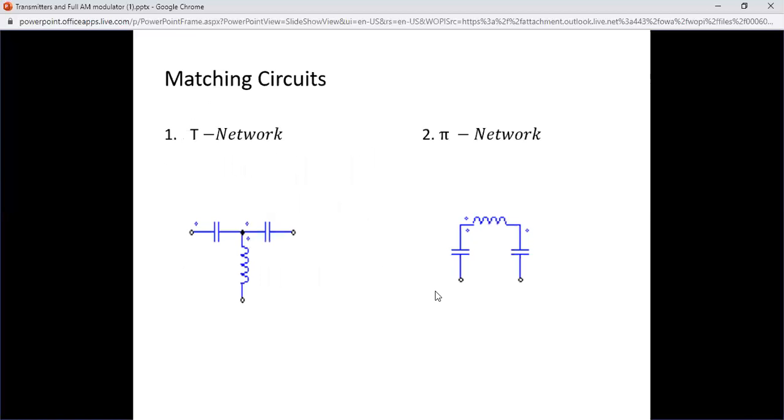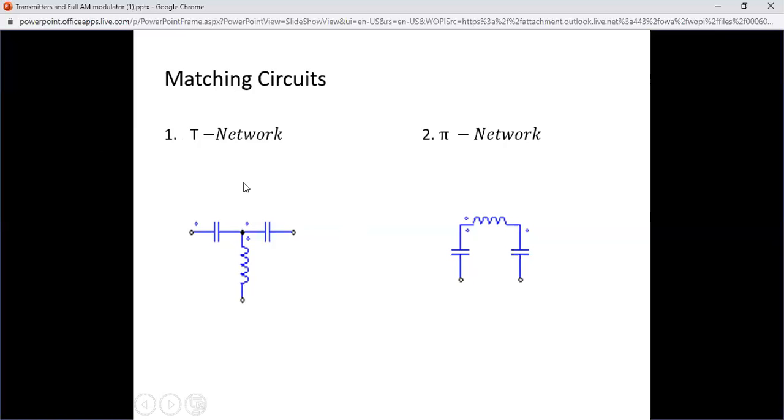So if the Z output we get is not equal to the designed antenna impedance, we have to match it using a matching circuit, the one that I discussed previously. We have two types of matching circuits. The first one is the T network, and the second one is the pi network.